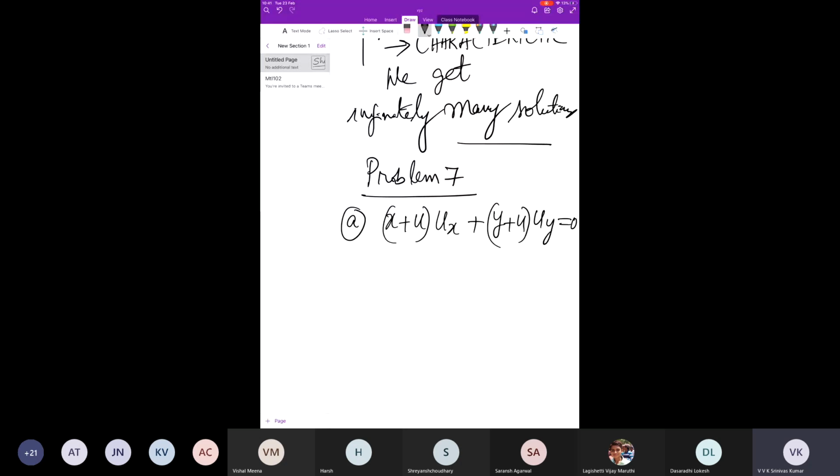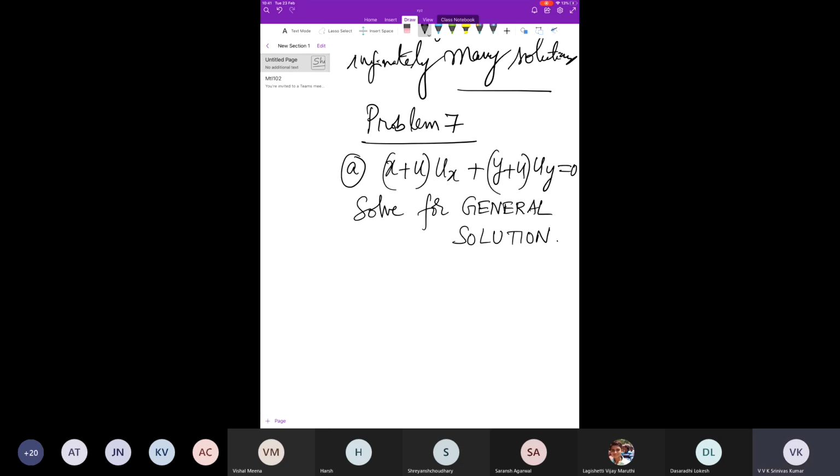Again, just solve this for our general solution. General solution, no initial condition is given.